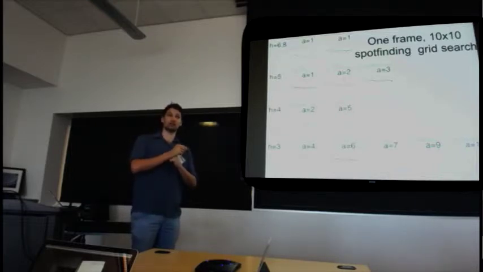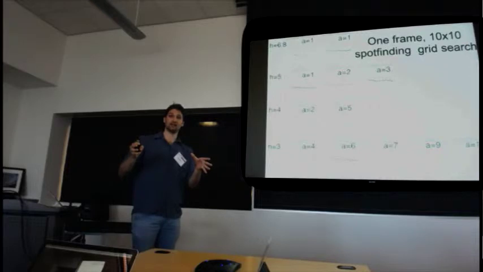So we have a very wide range of spot finding parameters that will give a successful index, and within that successful index subset of spot parameters, there's also a very wide range of data quality.